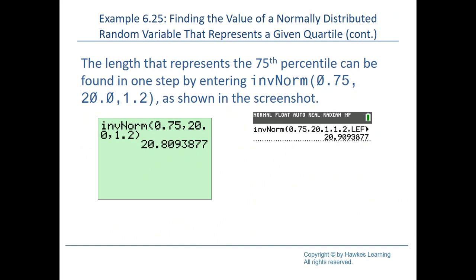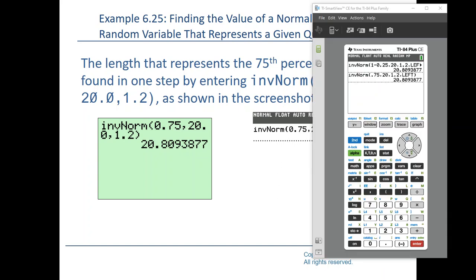Okay, so the length that represents the 75th percentile, or also the top 25 percent, is going to be that 20.8093877. Do be aware that when you guys are working these out, as you can see with the calculator, you get this really nice answer here.